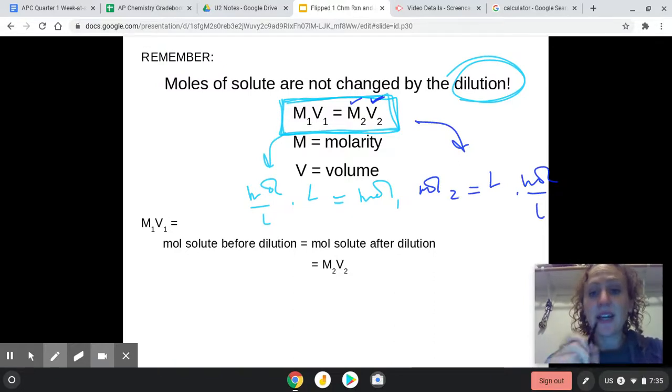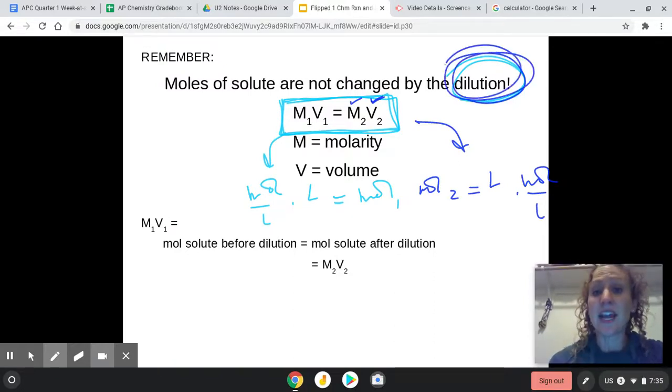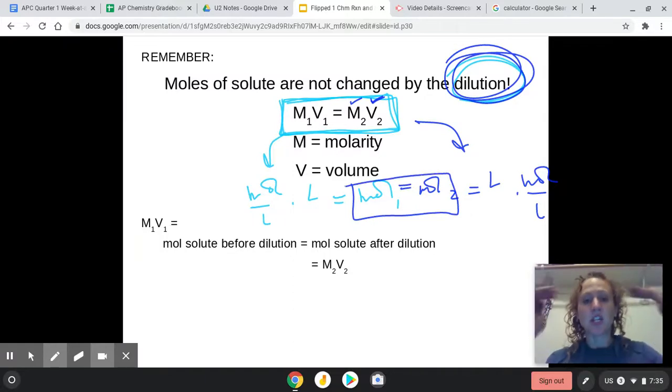And like I said, in dilution and dilution only, the moles you start with are equal to the moles you end with. So because this equation can be simplified to moles of solution 1 is equal to moles of solution 2, it gives you a framework to plug into and simplifies your mental process.